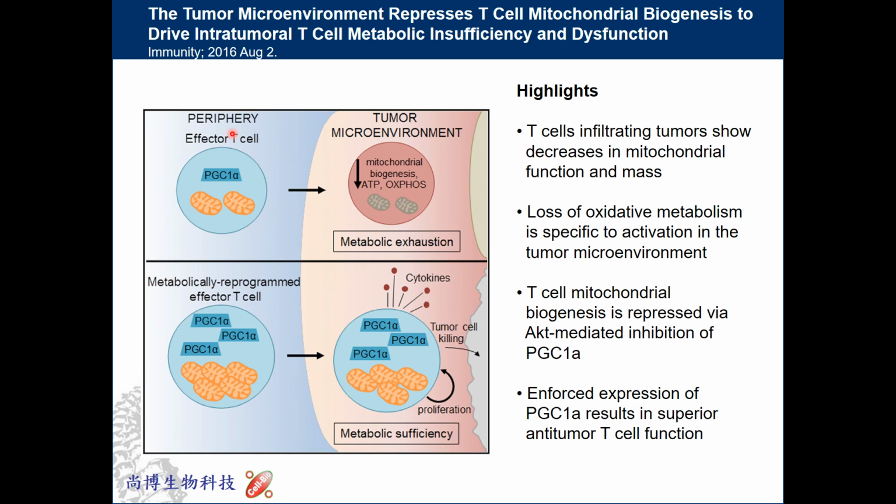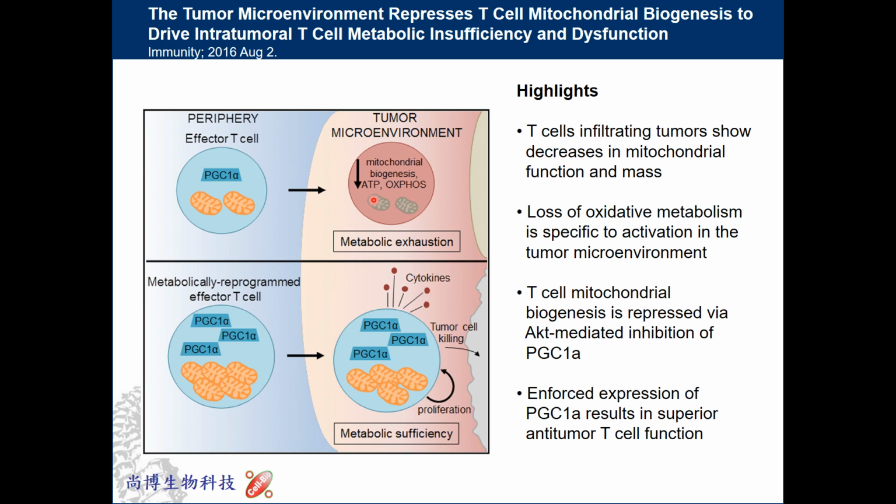You can see this cell gets inside the tumor microenvironment and gets a very bad influence. You can see mitochondrial function was decreased, so they don't have enough energy to do a normal function. So, the metabolic exhaustion: this effector T cell could not work, could not kill the tumor cell.